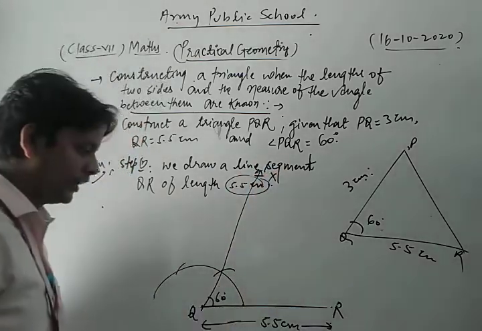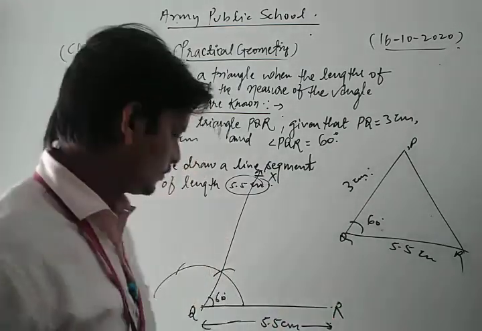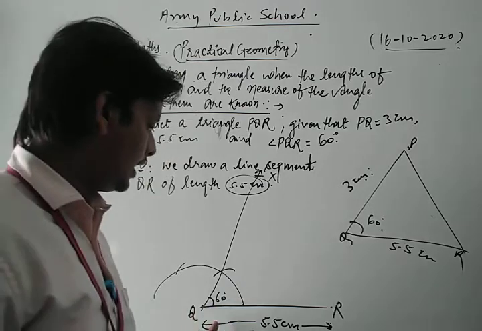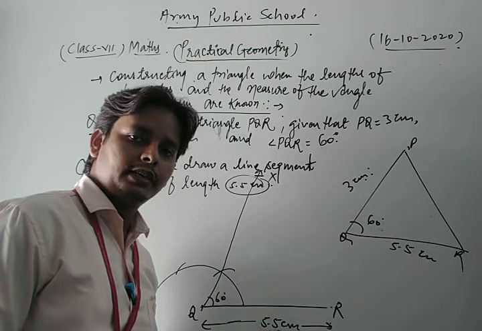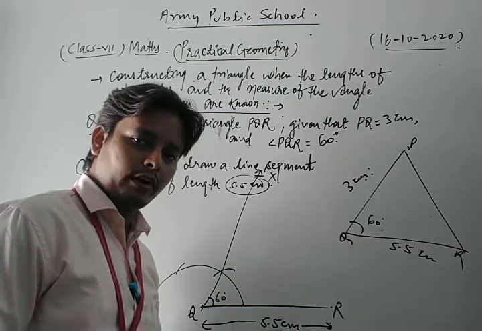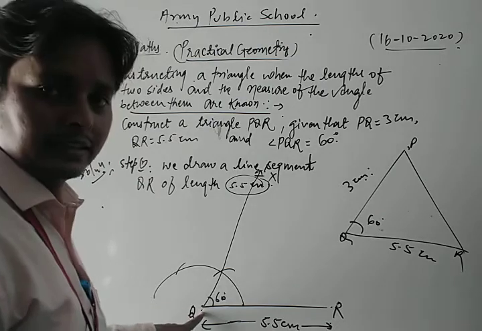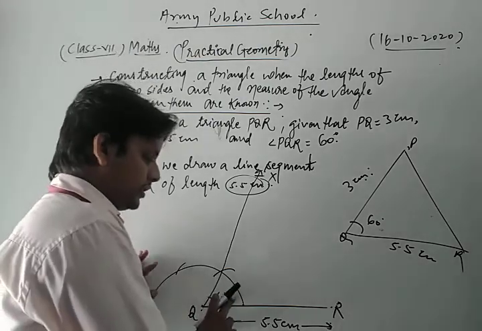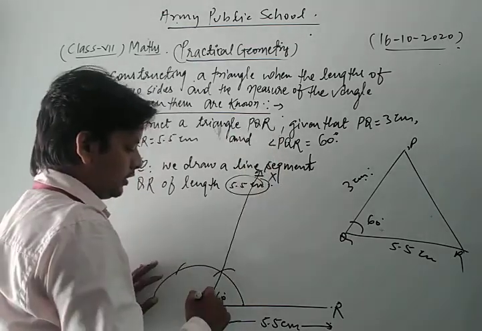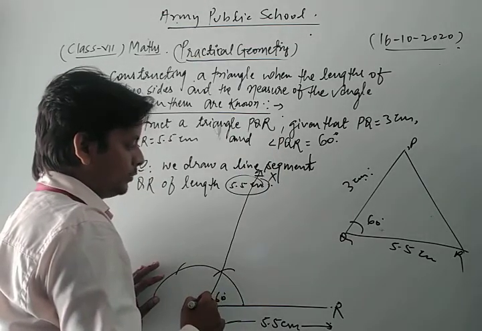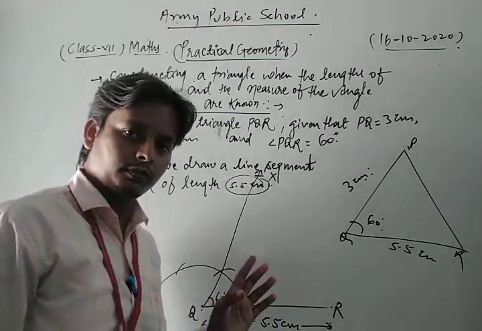So first, in the first step you draw a line segment QR of length 5.5 centimeter. After that, you take Q as center and construct an angle of 60 degree from that point, and draw the ray QX.